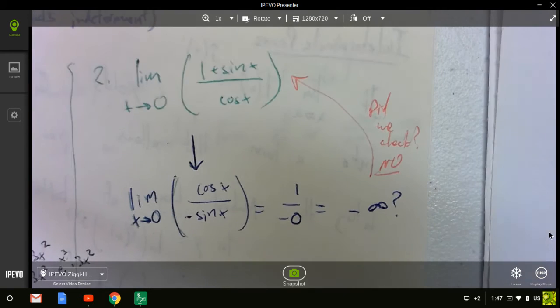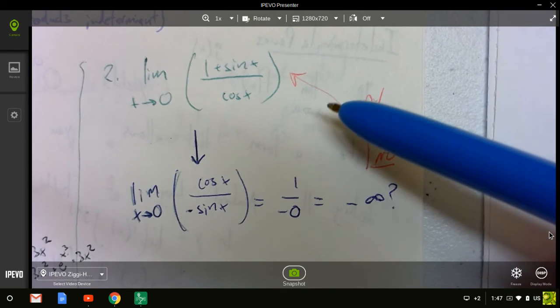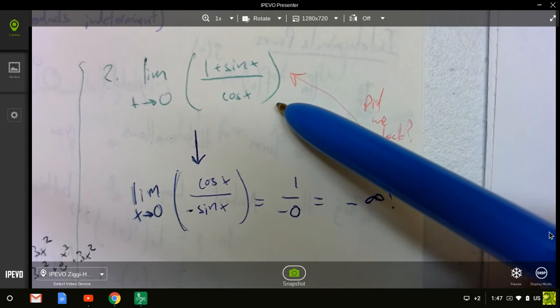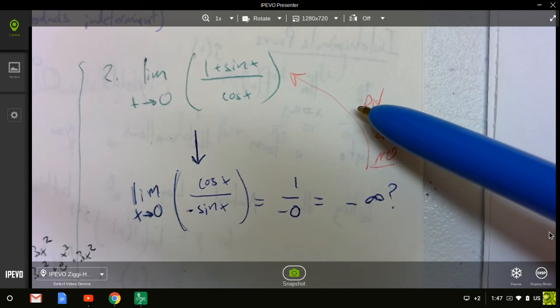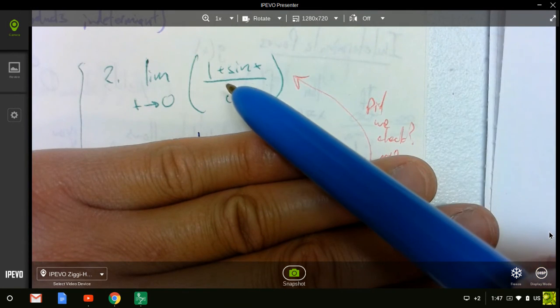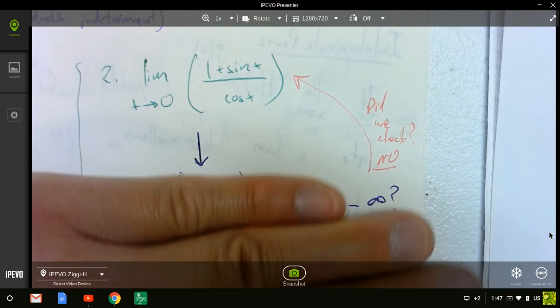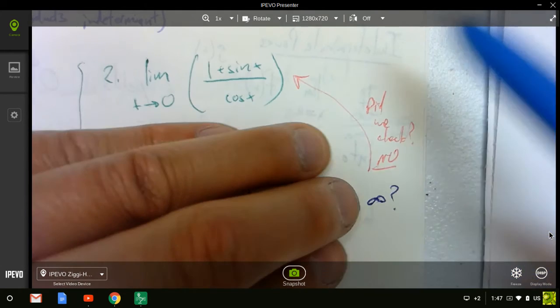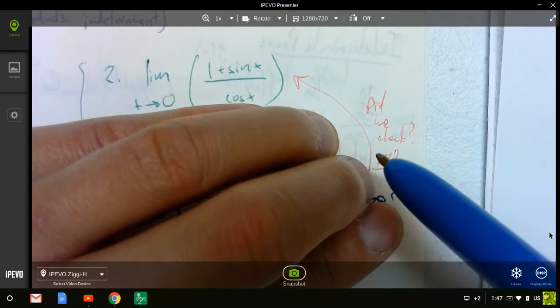So over here, this is actually pretty nice. I just took the derivative, both the top and the bottom, and you only really need to do it once, because if you plug in 0 right now, you're going to get indeterminate form, I believe. Actually, funny enough, I wrote a note to myself.